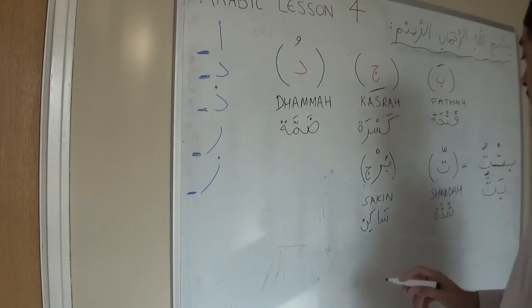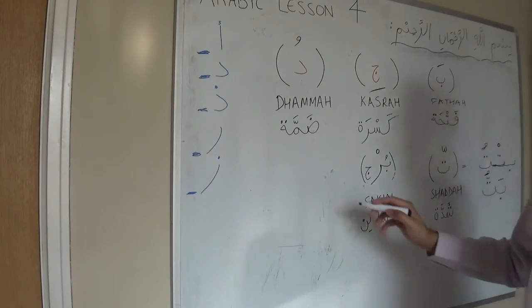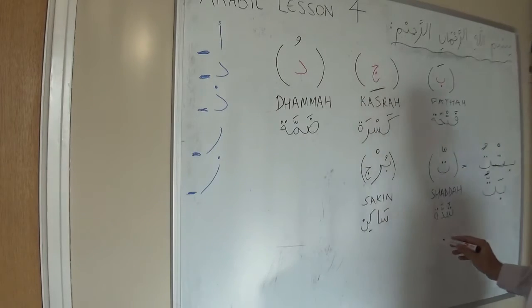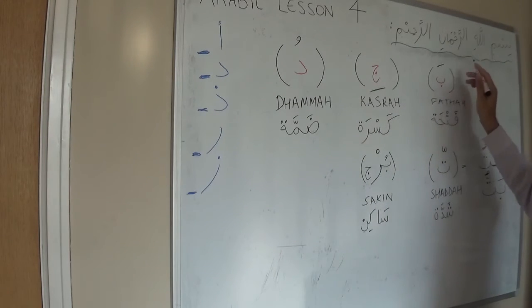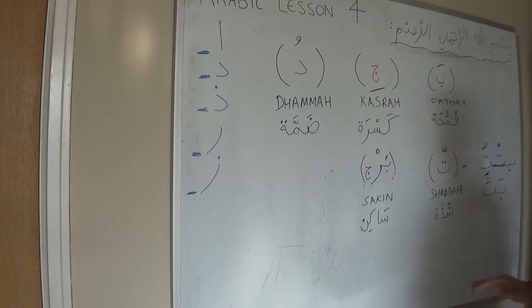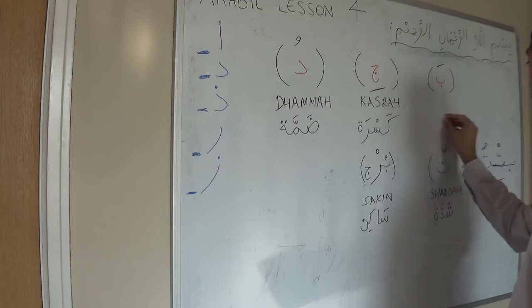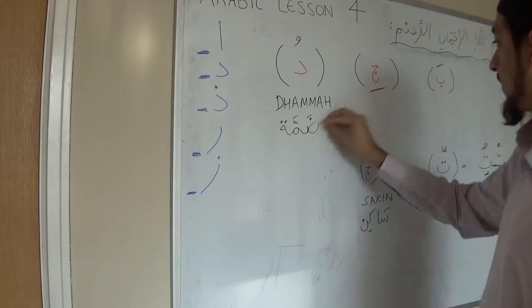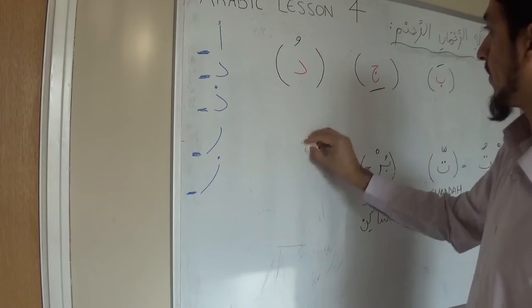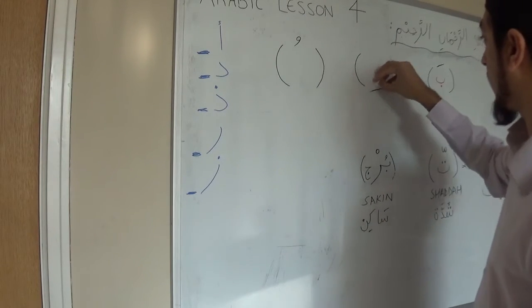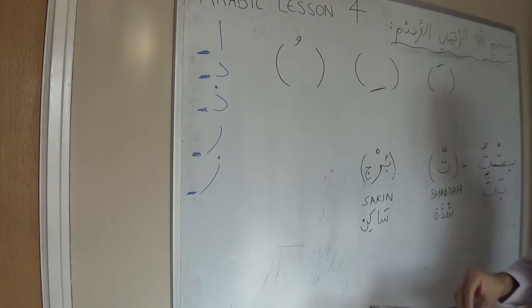And we finally have tanweens. So the tanweens, we have 2 of these. So I'll just carry on from here. So let's rub this one off. So there's 1 of them.